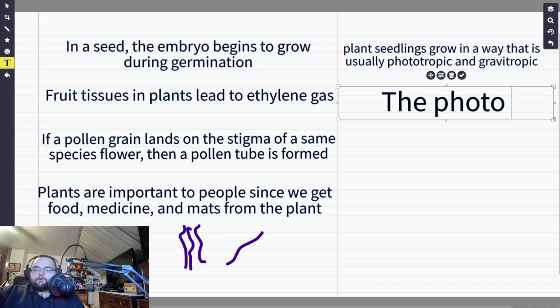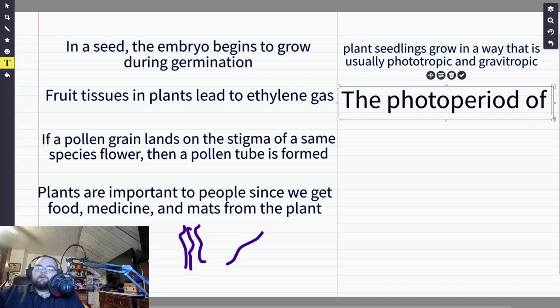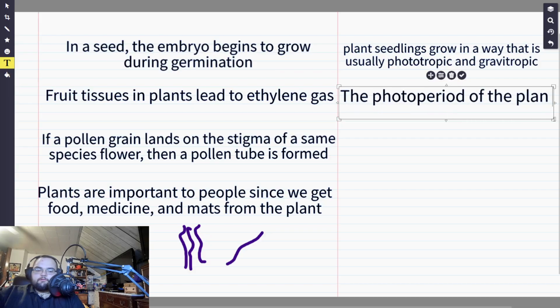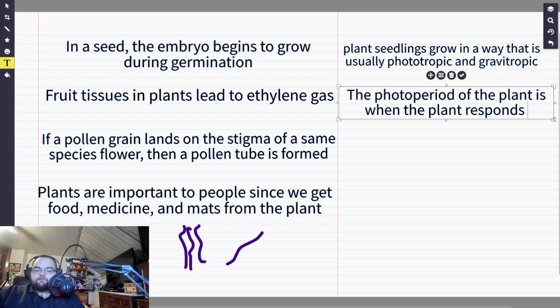The photo period of the plant is when the plant responds to, now let's break it down. Photo, we just said that photo means light. Period means time length. So breaking this down, lengths of light, time of light.